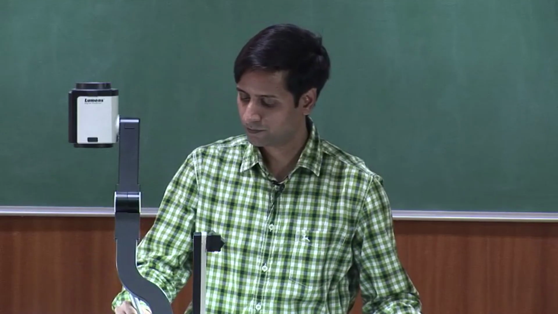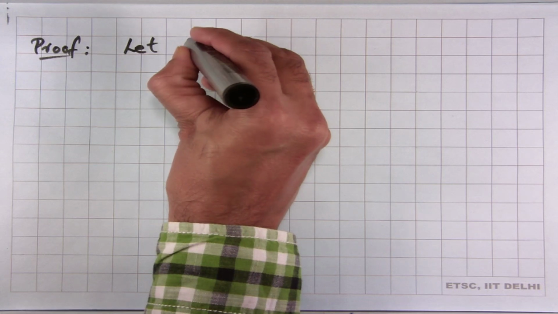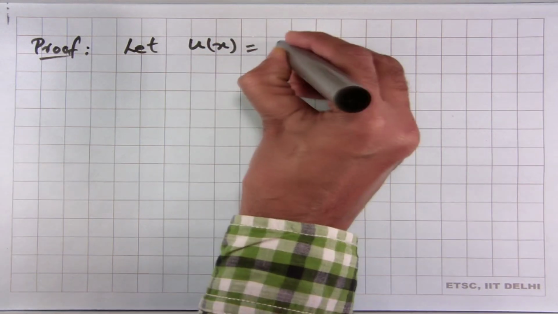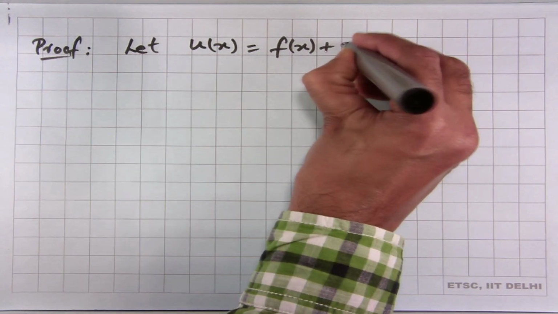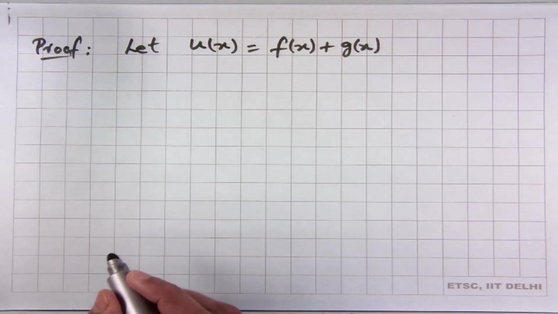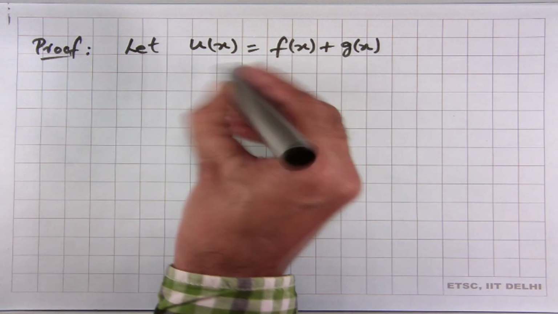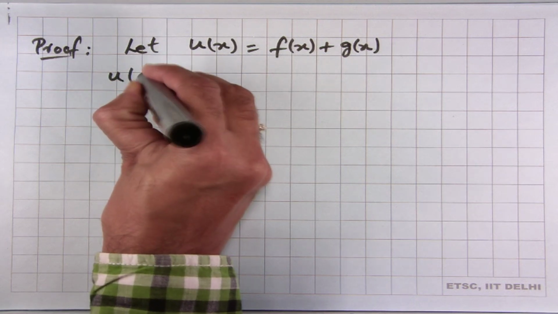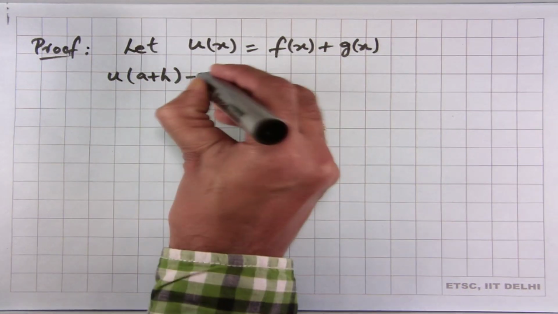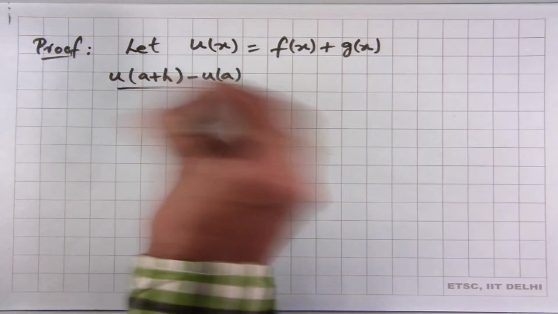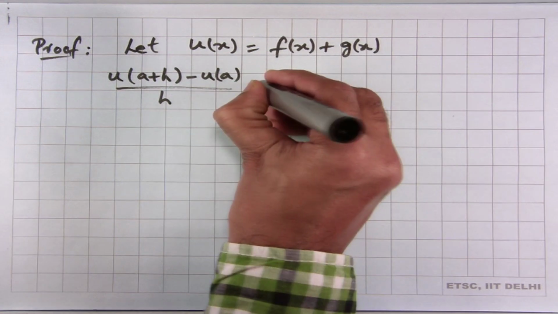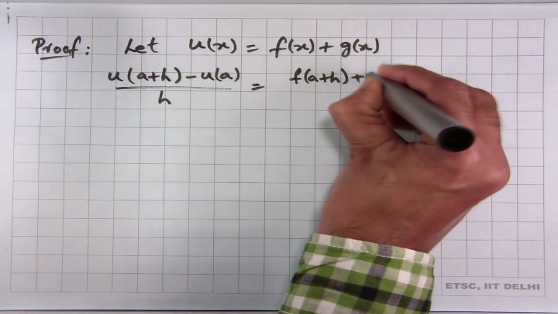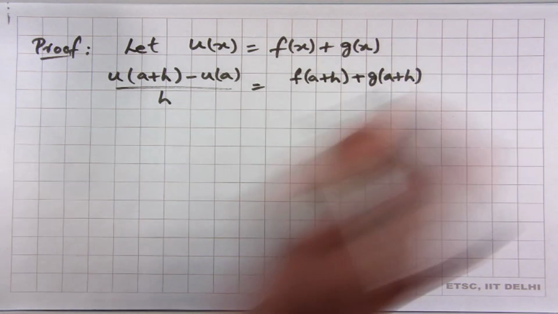So, let us see the proof. Let me write u(x) equal to f(x) plus g(x). Then we want to show that u is differentiable at a. So, if I write u(a plus h) minus u(a) divided by h, this is equal to f(a plus h) plus g(a plus h), so that is u(a plus h).